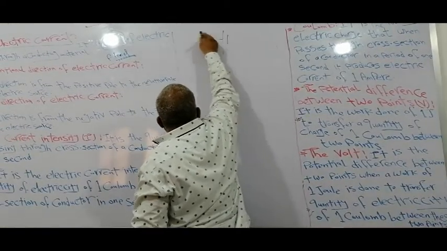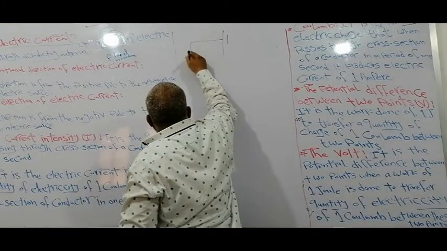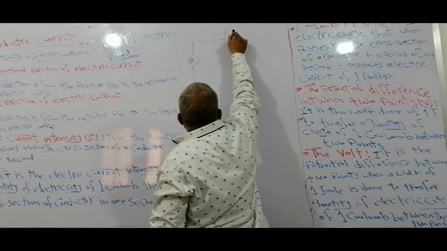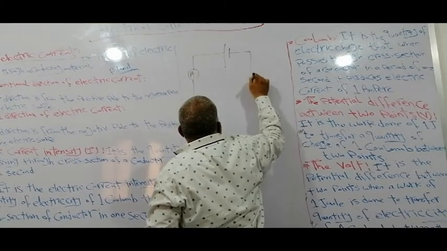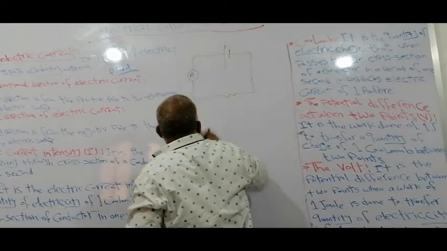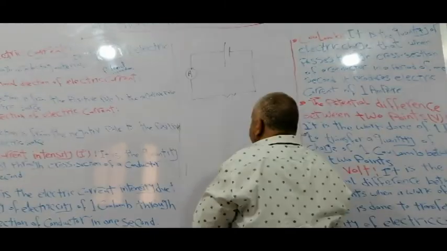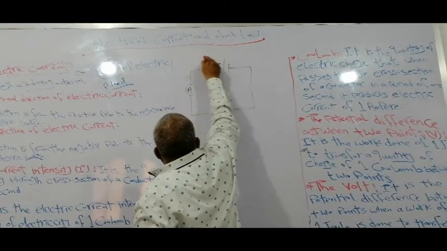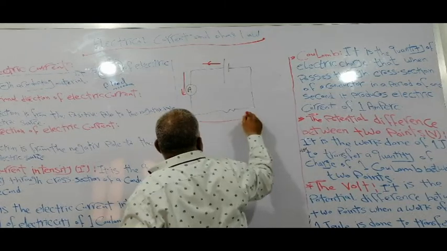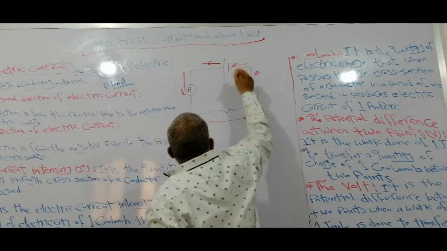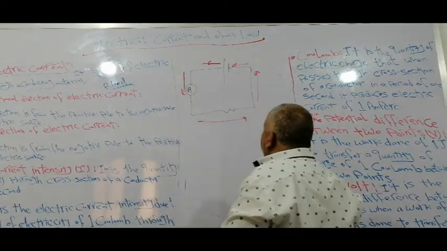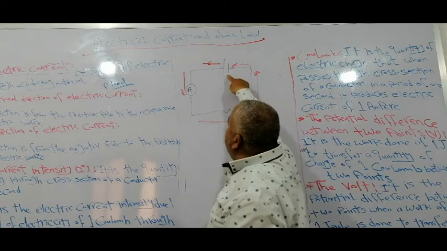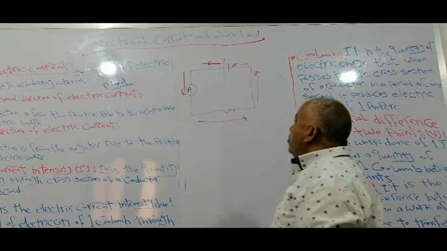Battery, a meter to measure the intensity of current, in series with a resistance. This is the conventional direction, from positive outside the battery and inside from negative to positive pole.